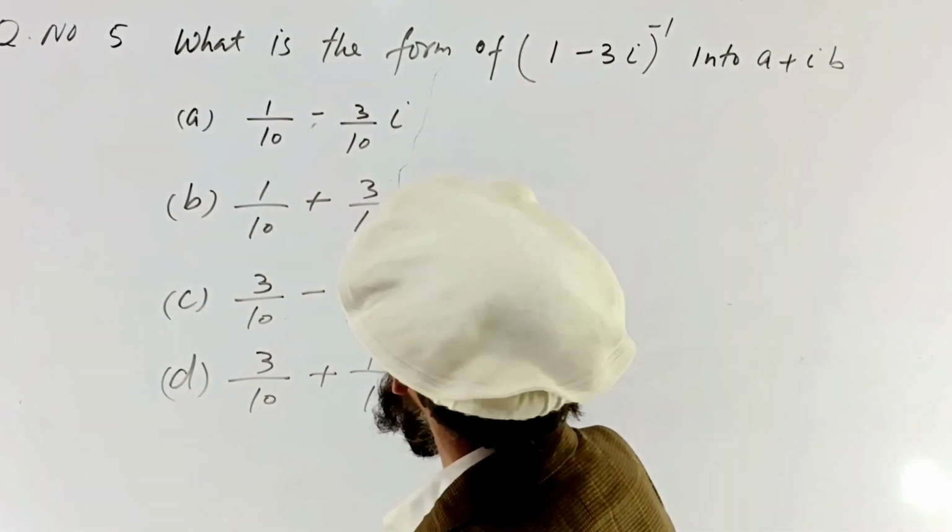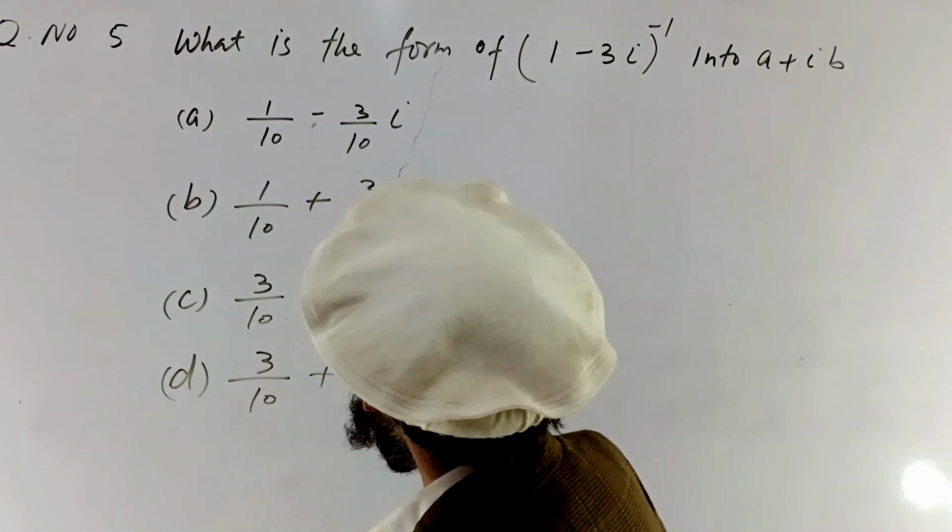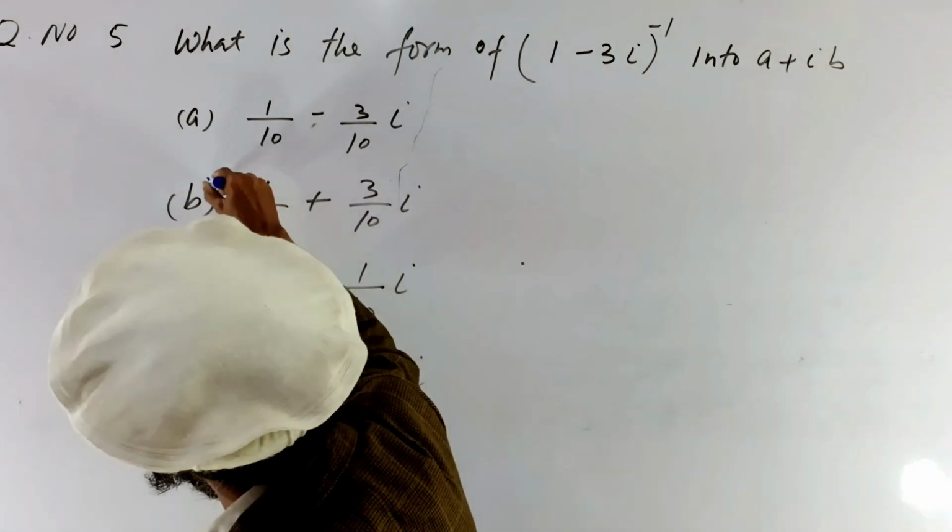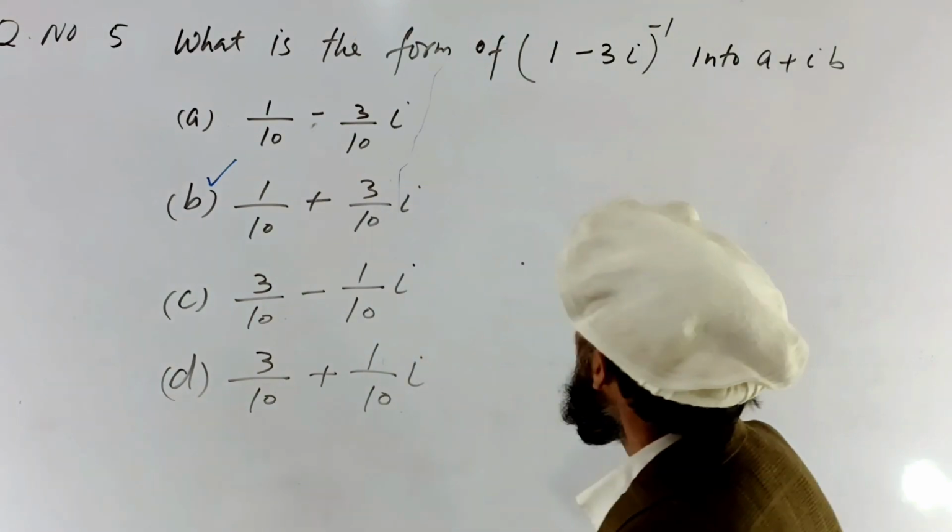The correct answer is the first one, 1 divided by 10 minus 3 divided by 10 iota.